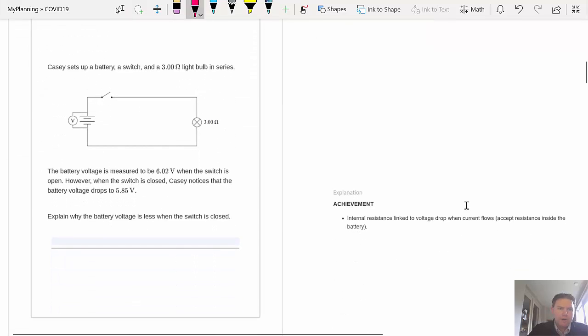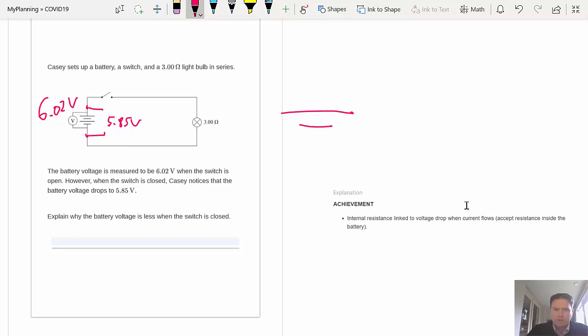The next question: Cassie sets up a battery which has a switch and a 3 ohm light bulb in series. The battery voltage is 6.02 volts. When the switch is closed, however, the terminal voltage drops to 5.85 volts. Why? Well, the battery also has an internal resistance in it.